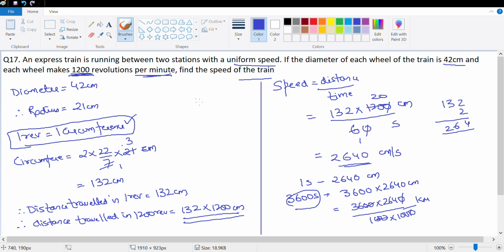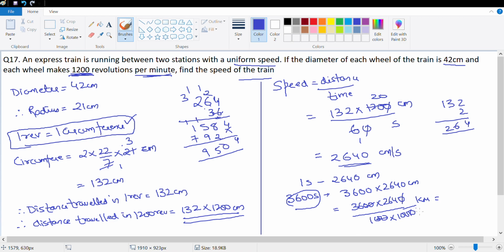Big calculation. 264 into 36. 6 into 4, 24. 36 plus 2, 38. 12 plus 3, 15. 3 into 4, 12. 18 plus 1, 19. 3 into 2, 6 plus 1, 7. 4, 10, 15, 9. 9504 divided by 100. Why 100?